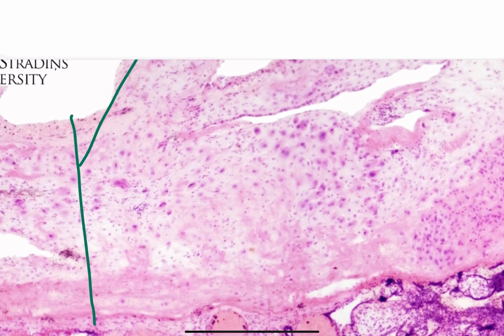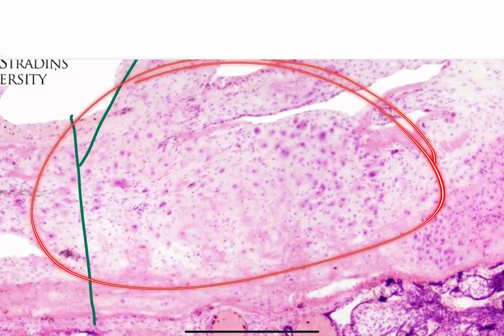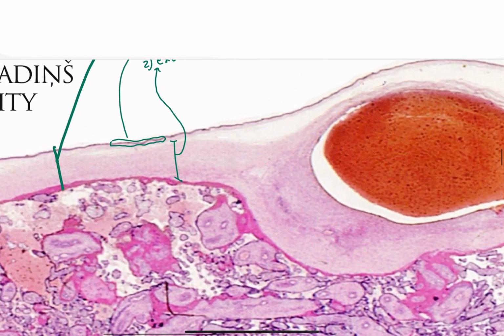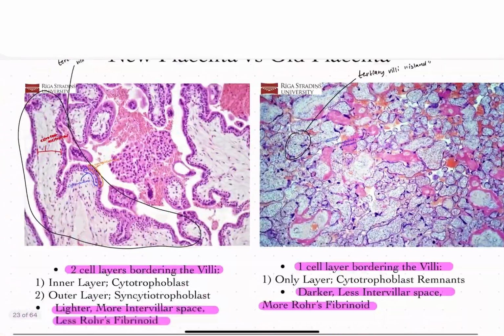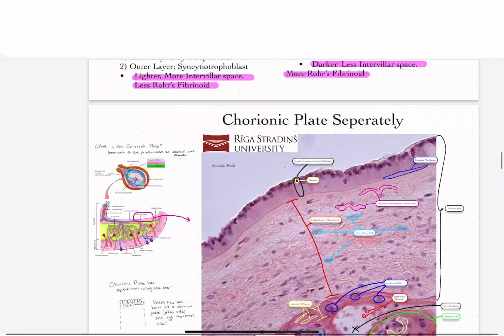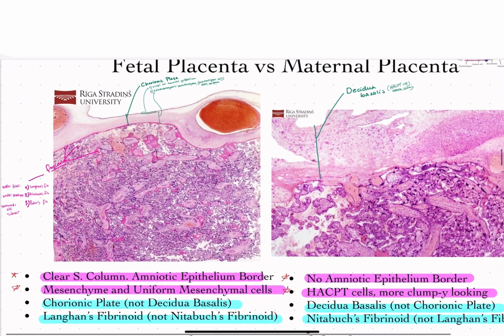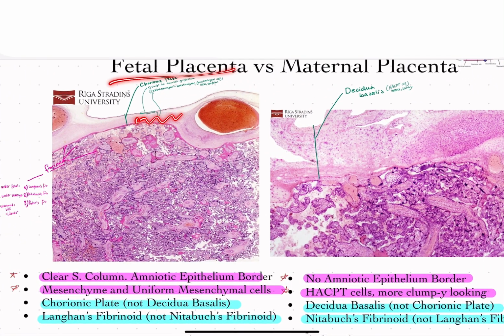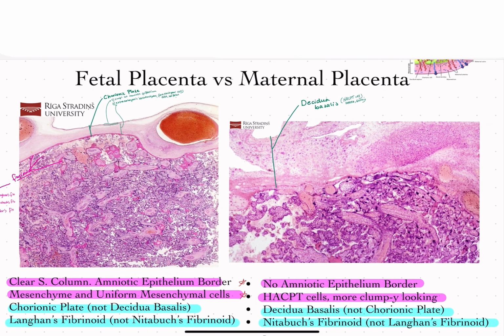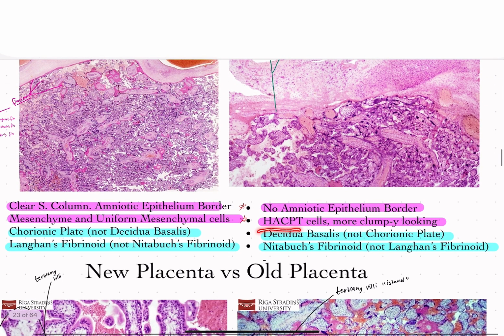This is because the maternal area has a different type of cell compared to the fetal area, which, if we zoom in, only has mesenchymal cells. Fetal placenta has the mesenchymal cells, which makes it look a lot smoother when zoomed out, while the maternal placenta has these HACPT cells.